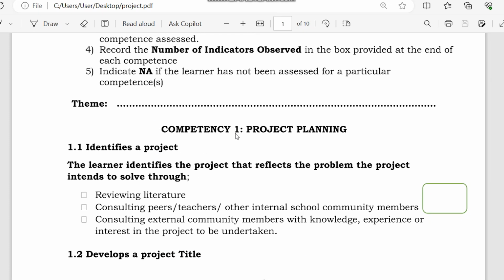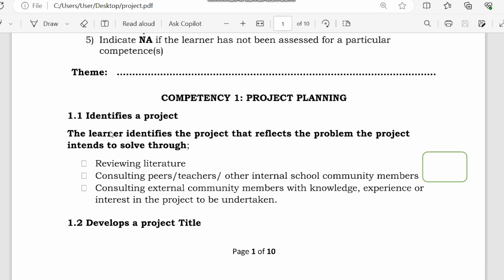So under competency 1, which I'm talking about today, it is project planning, and then the first thing here is to identify a project. The learner is supposed to identify a project. So the learner identifies the project that reflects the problem the project intends to solve. How does the learner get to identify the project? The learner may decide to review literature.